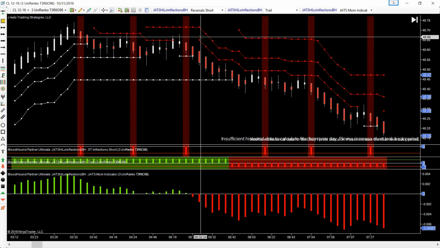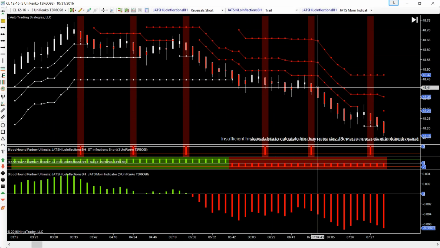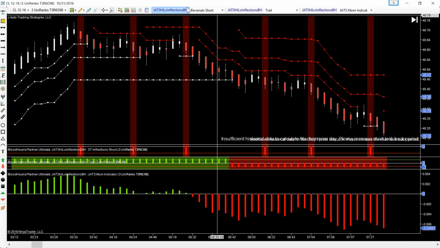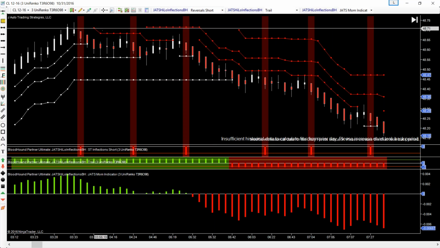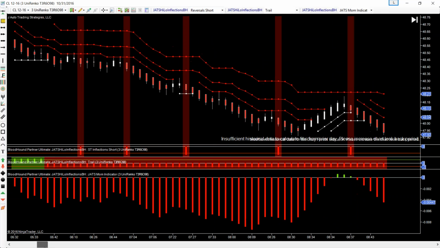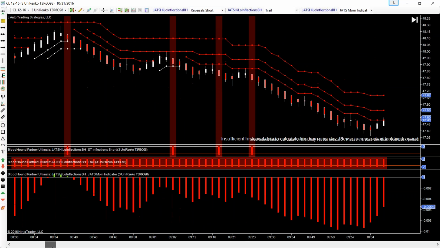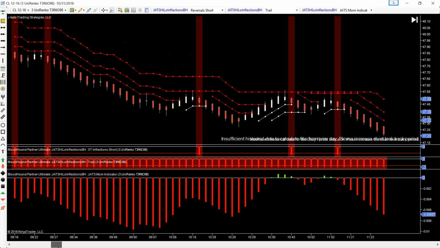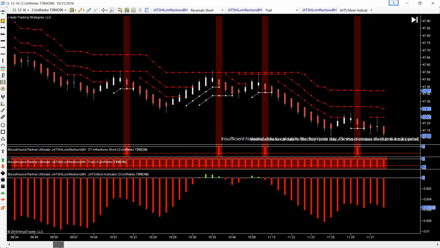So if you just get the volatility bands and the candles, and the most important part, the momentum indicator, volatility bands, and the BloodHound templates. That's all you need to be able to place trades. Now I incorporate the support resistance with my other indicators, but this is really all you're looking for.